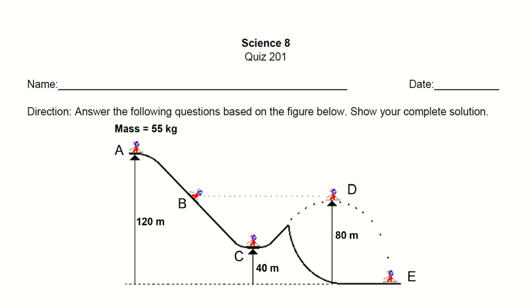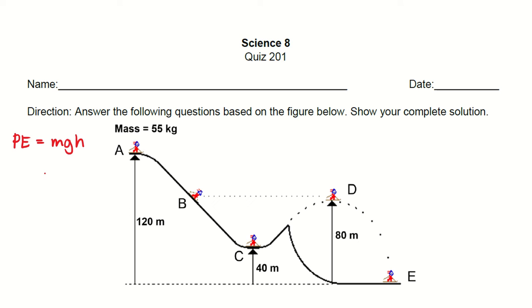So here is the answer key to quiz 201. Before you try to answer this quiz, make sure that you are familiar with the formula for the potential energy and the kinetic energy. That is, the potential energy is equal to mass times the gravitational acceleration times the height.